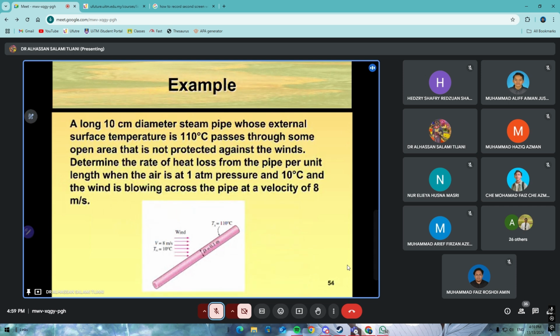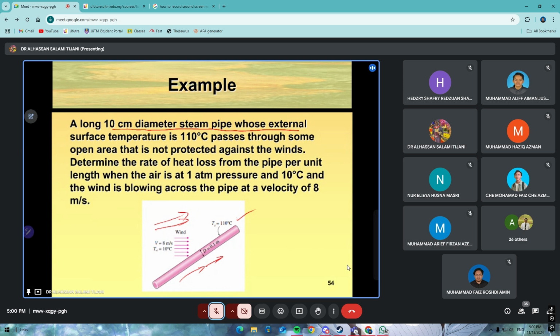Okay, so now let us look at this example. Here we are told that a long 10 centimeters diameter steam pipe whose external surface temperature is 110 degrees Celsius passes through some open area, so air is flowing across the pipe, that is not protected against the wind.